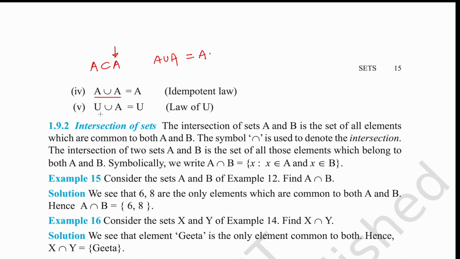And then if you take union of any set with the universal set, you'll get the universal set, as you know that the set A is going to be a subset of the universal set, right? So if you take A union U, you'll get the larger of the two sets, that is U. That means the universal set.